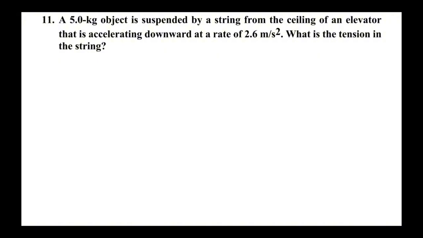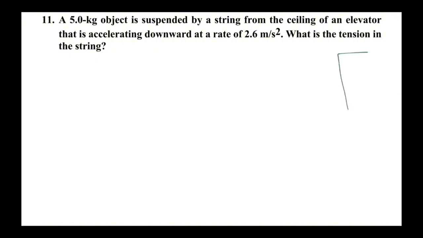A 5 kilogram object is suspended by a string from the ceiling of an elevator that is accelerating downward at a rate of 2.6 meter per second square. What is the tension in the string? Now let's draw the situation.